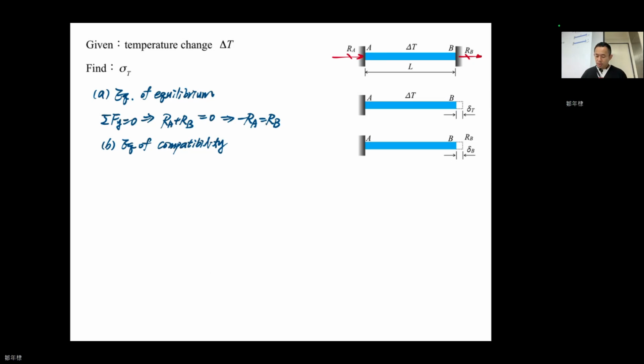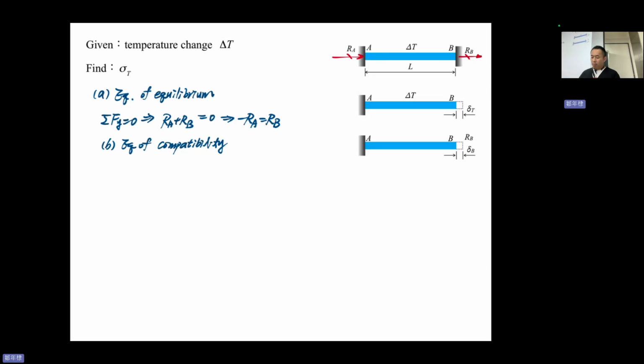Now, if you increase the temperature, if you don't have the wall B here, it should elongate like this, right? So it should have a delta T to the right hand side.